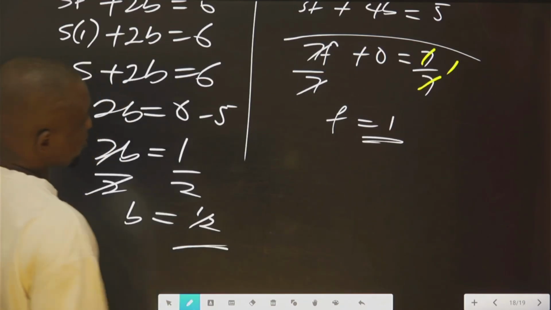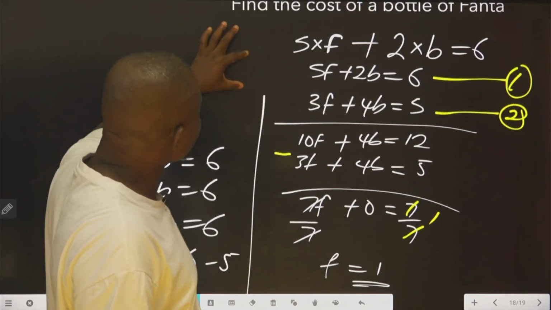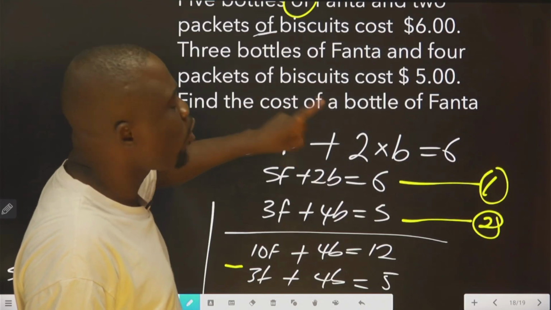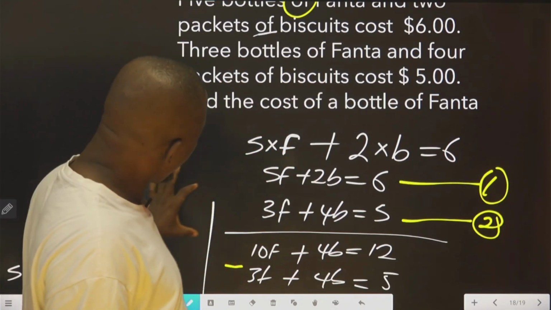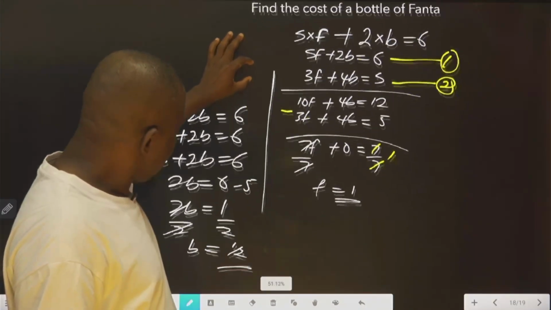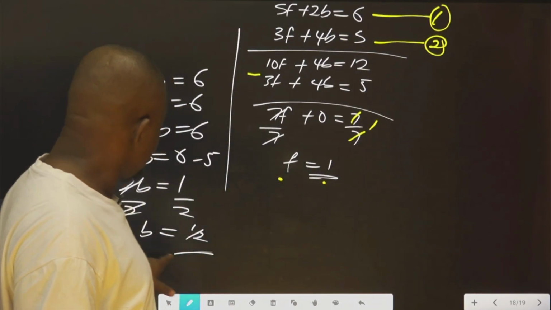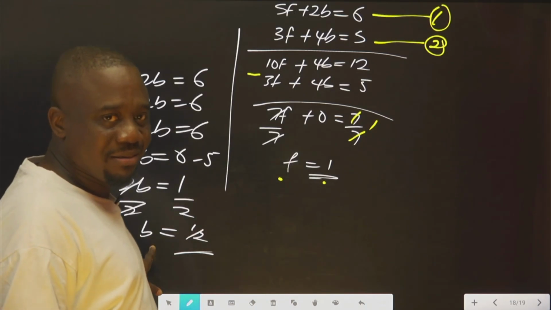Okay? 1 over 2. What is the question? The question says, find the cost of a bottle of Fanta. We already know that Fanta equals 1. This was not even asked.